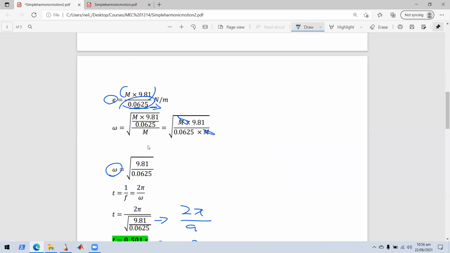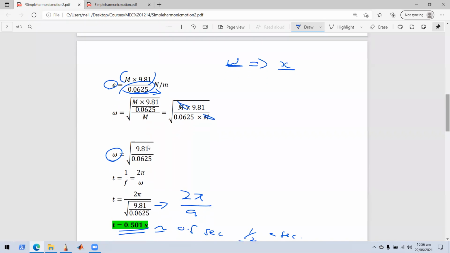But after we find e, e is like a constant. It holds true because it's a property of the spring. It doesn't change. So as long as we use two values where, when we apply this weight, we get this length. So to change the length, we'd also have to change the weight. Yes, so e is a property.